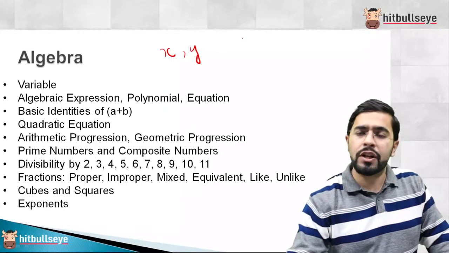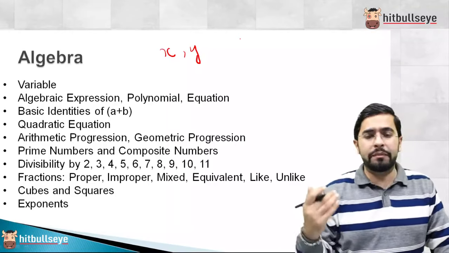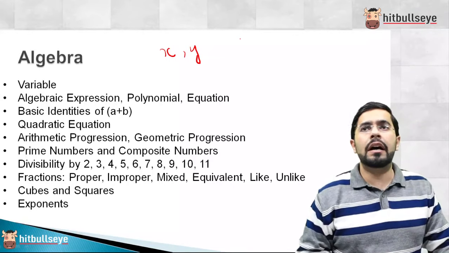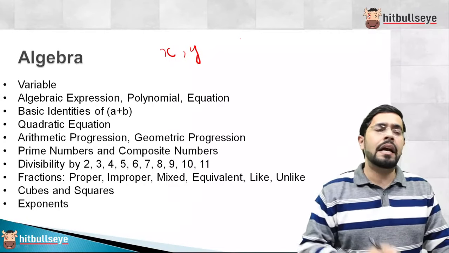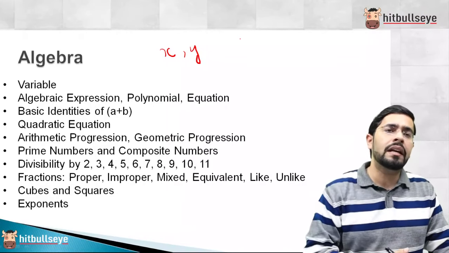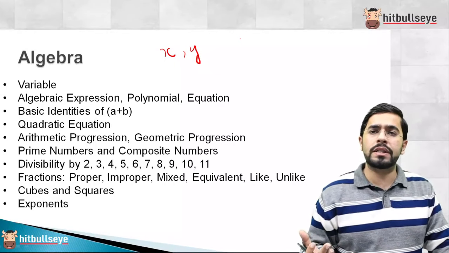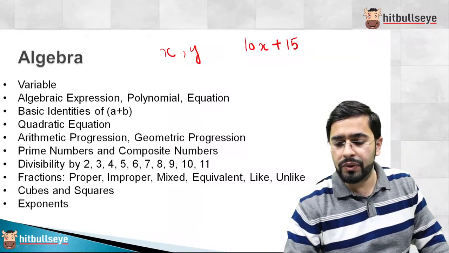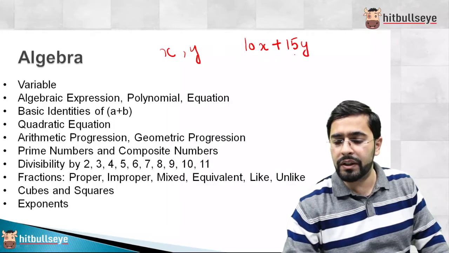So algebraic expression, whenever you can write any given statement in the form of variables, it is called an algebraic expression. For example, if I say Ram has 10 nails of some cost, and he has 15 hammers of some other cost. So I can write this as, the nails are 10 with this x cost and hammers are 15 with this y cost.